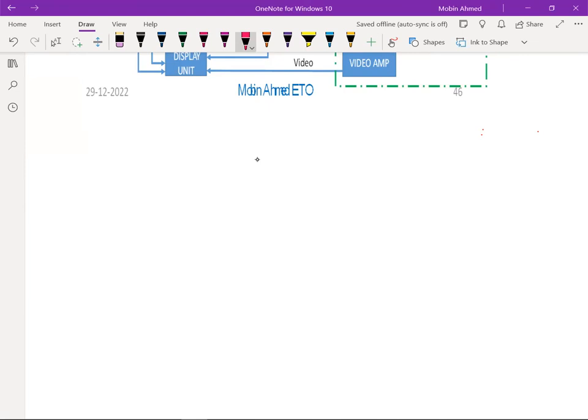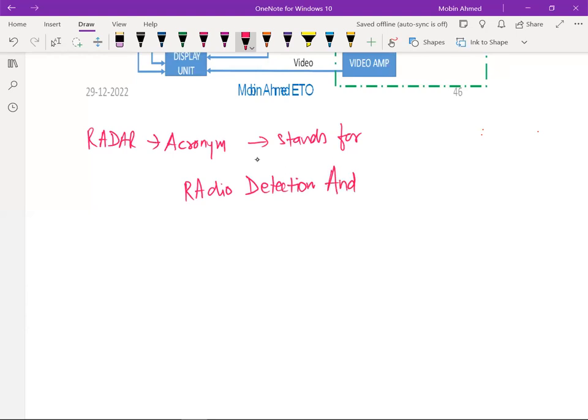Now this radar is basically an acronym, and it stands for radio detection and ranging.